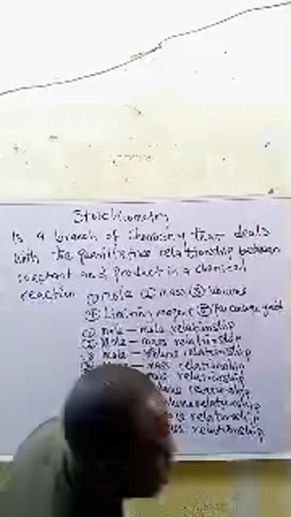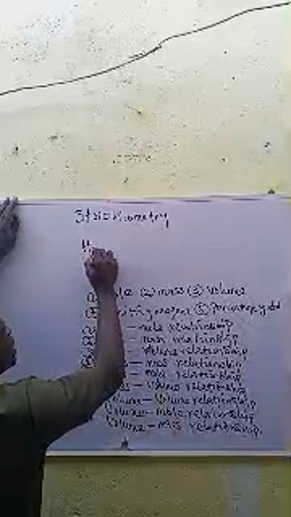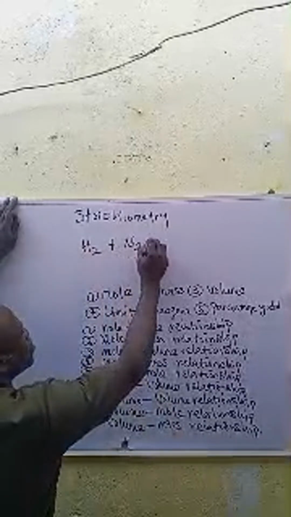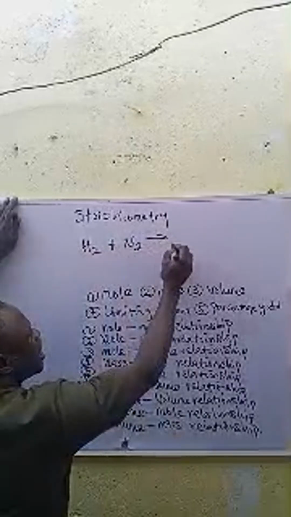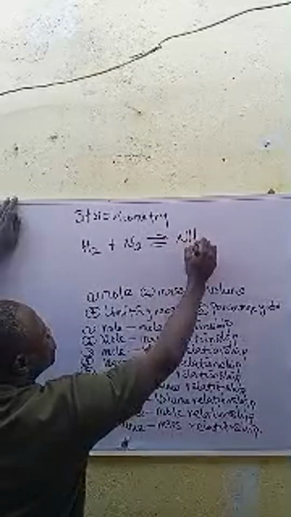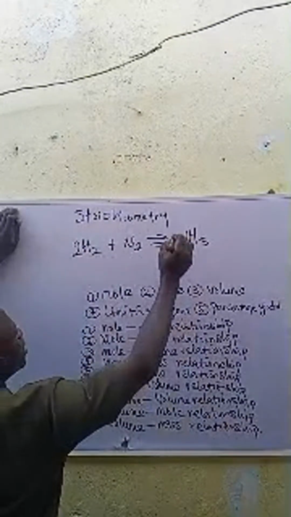Let me give you an example. In a situation where you have hydrogen gas plus nitrogen gas, they react reversibly to give you ammonia. Balancing the equation, we have 3 here, 1 here, and 2 here.